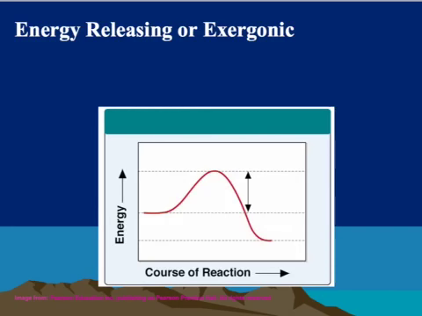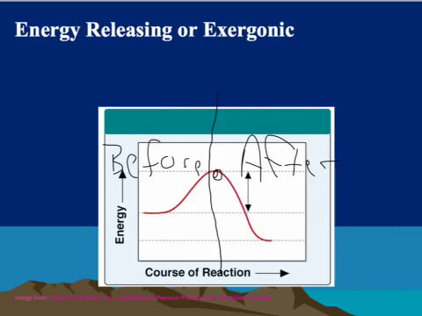Now, this is a chart of a chemical reaction which is called exergonic, which is energy releasing. If you look at the first half of this chart, just try to imagine that you have a line separating the two sides. This side on the left is before the reaction, and on the right side of the line, this is after.